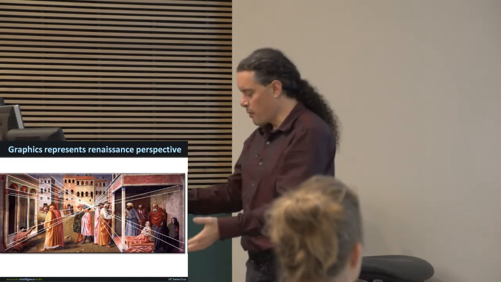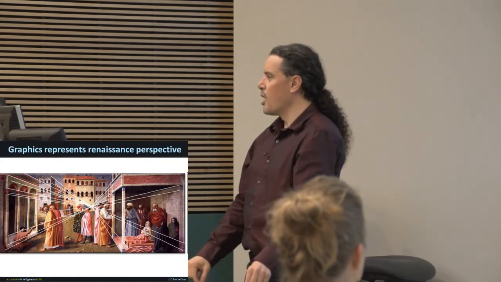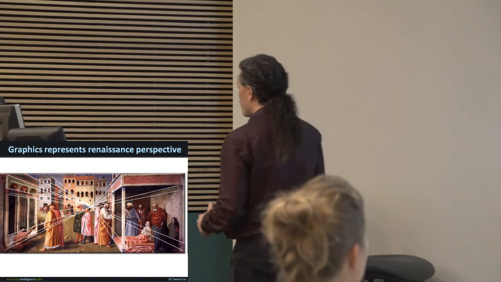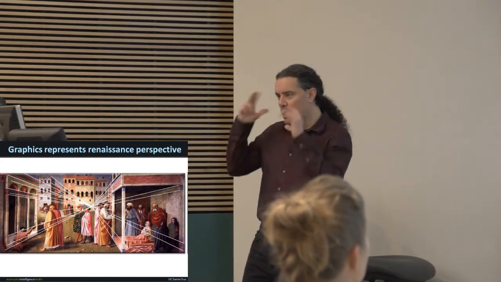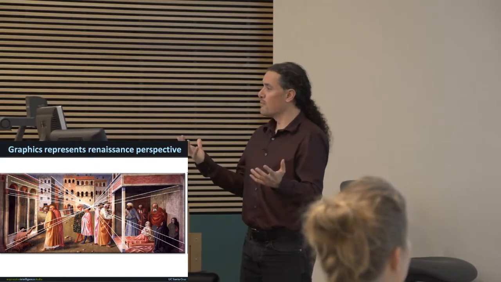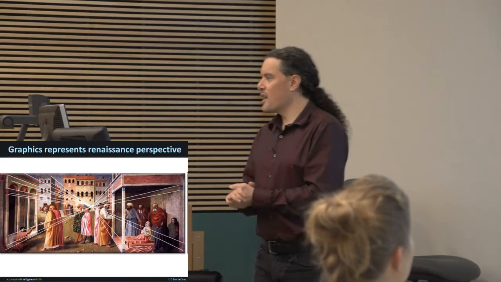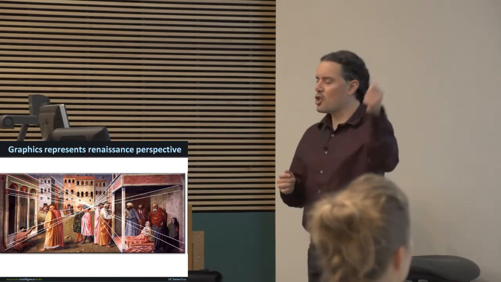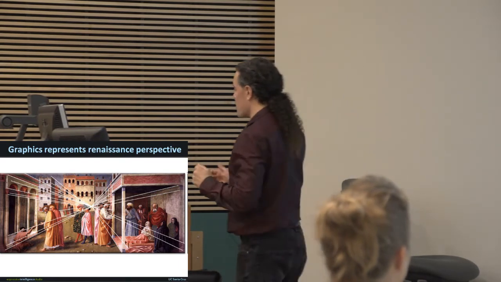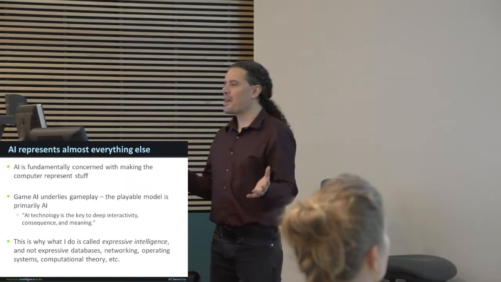There are a lot of different ways you could take what your eye sees and map it into blobs of color on a plane. And so Renaissance artists figured out how to map those blobs of color so that your brain got tricked into perceiving it as a 3D scene. That was a powerful invention. And in a sense, 3D graphics is about teaching that trick to the computer, so the computer can do what the Renaissance artists figured out how to do. AI is about representing almost everything else.